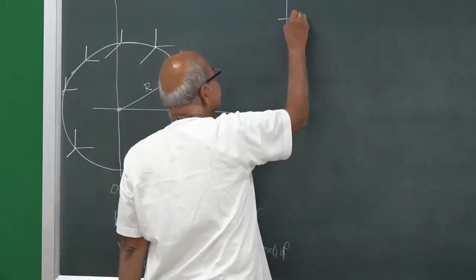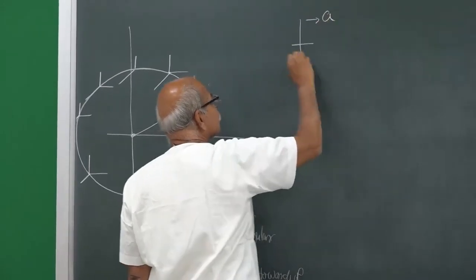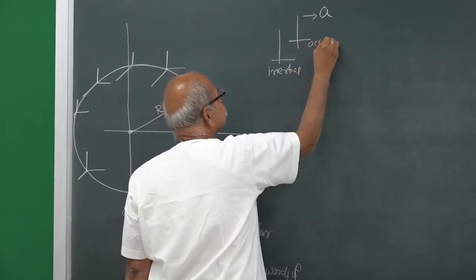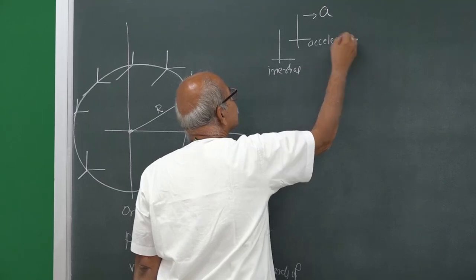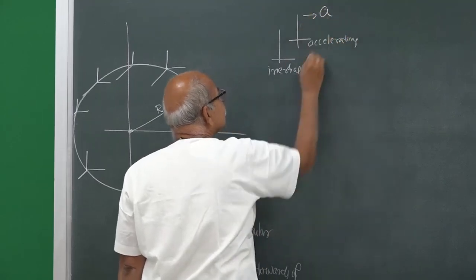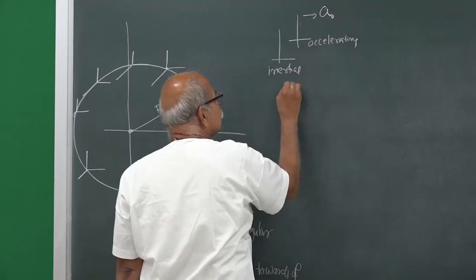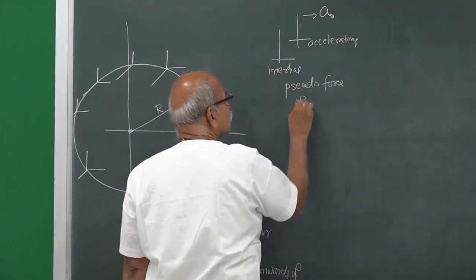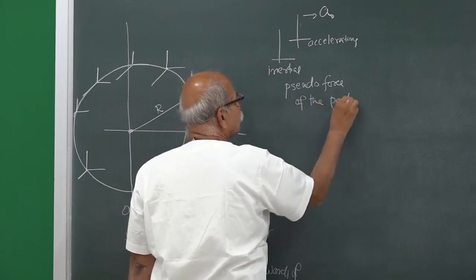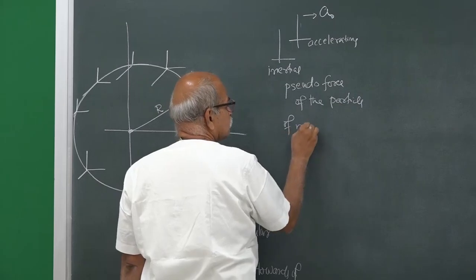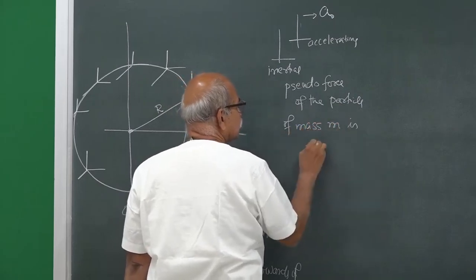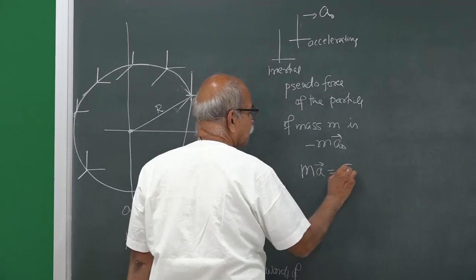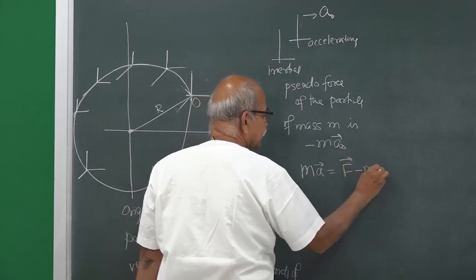So, if a frame is accelerating, having some acceleration with respect to some inertial frame, and this is our accelerating frame, and it is translational motion only, then if this is a naught, the pseudo force which is to be used on the particle of mass m is minus m a naught. m a is equal to the resultant force, and minus m a naught.